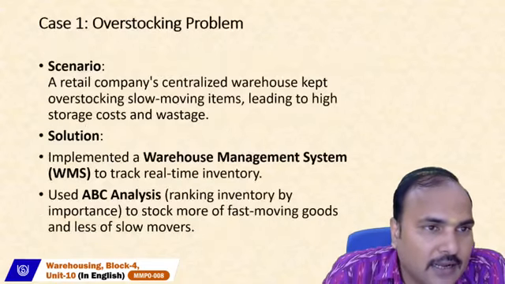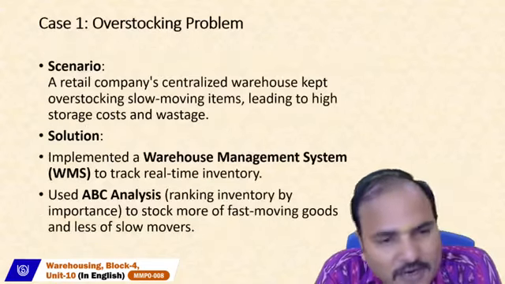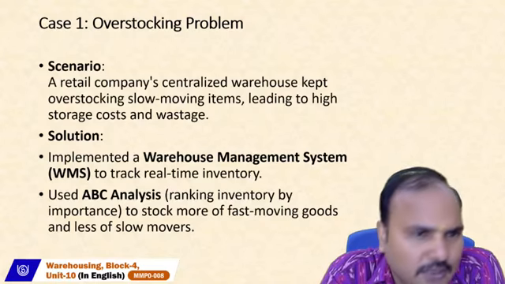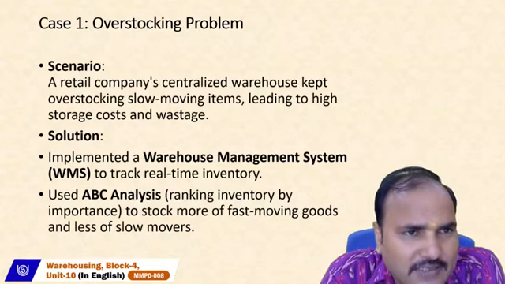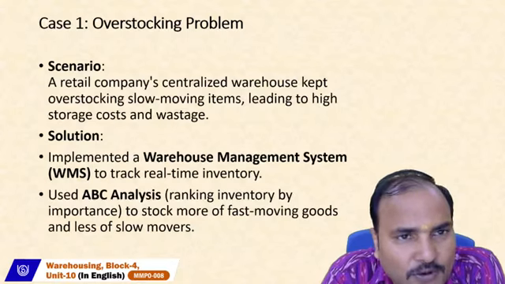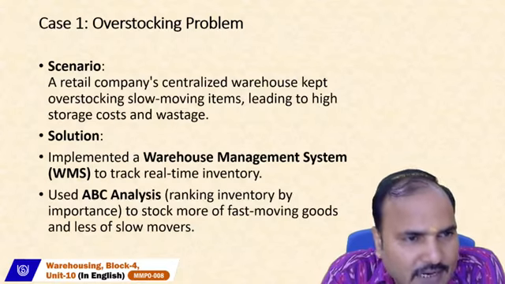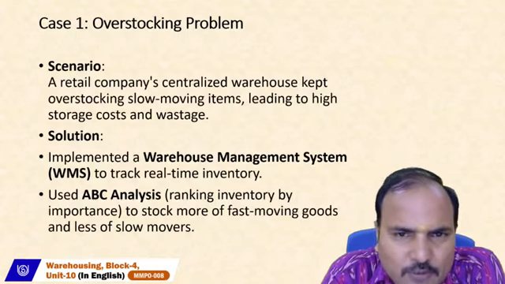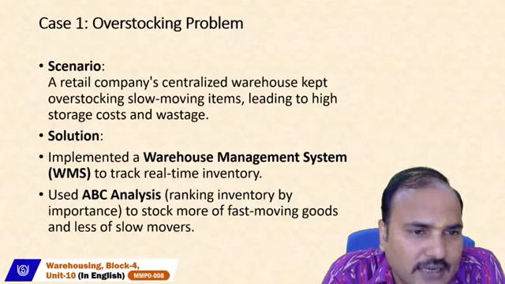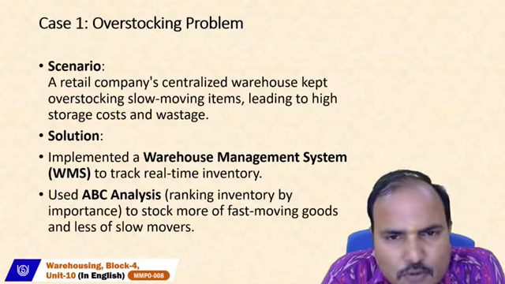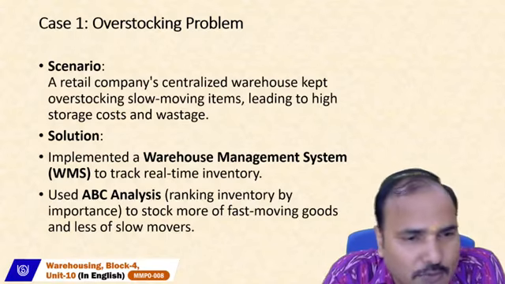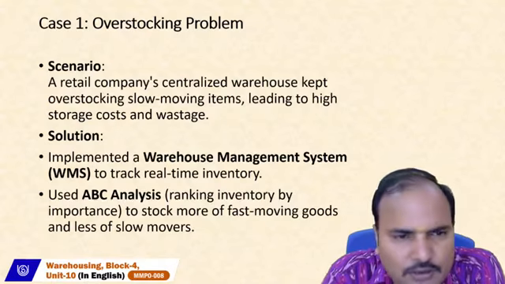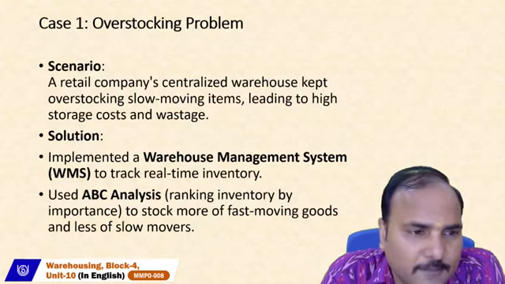And after that, for better understanding, let us discuss some very small case lets, which I am now showing to all of you. First case is about the overstocking problem. Here, the scenario is that a retail company's centralized warehouse kept overstocking slow-moving items, which leads to high storage cost and wastage. What will be the solution? Already I have written the solution, but please analyze and think.